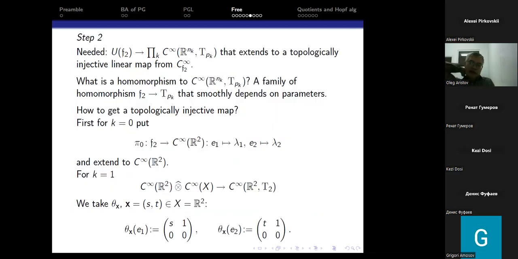So now the second step. What we need is a homomorphism from our algebra, in fact a family of homomorphisms, for some algebras of C infinity with values in triangular matrices. But this homomorphism must extend to a topologically injective linear map.